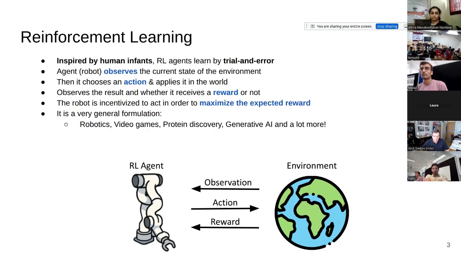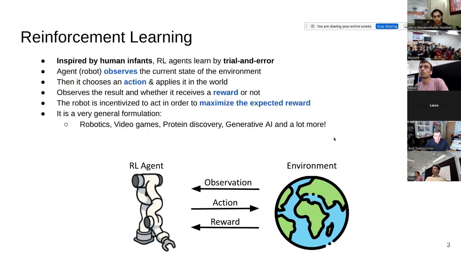There's other types of learning, but this one is a special one because it in part comes from inspiration about human infants, and also because it learns by trying stuff and then seeing if it works or if it doesn't. So usually the reinforcement learning environment requires you to have an agent, which is in this case your robot, and the robot is observing the world around it.